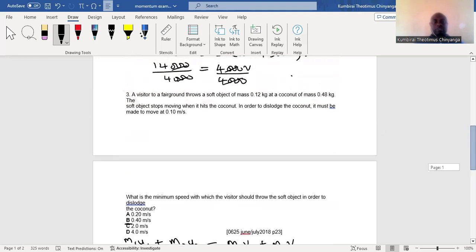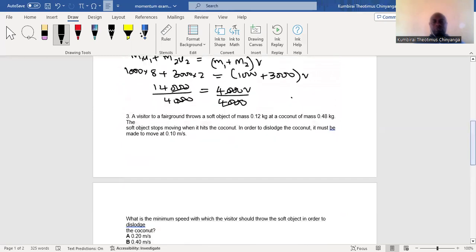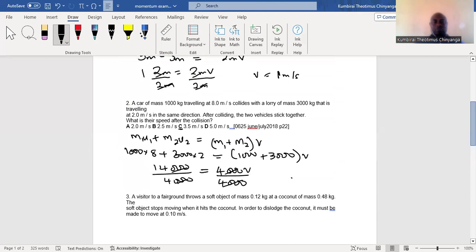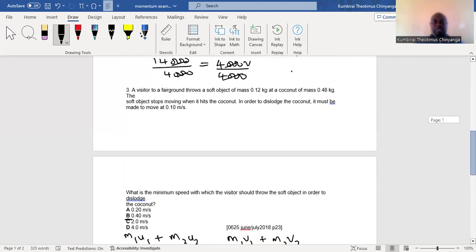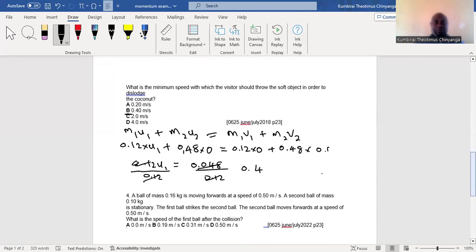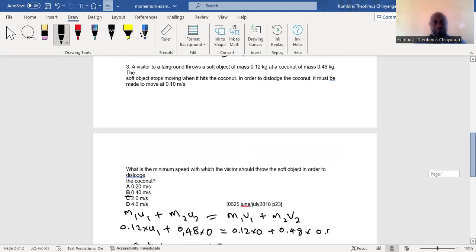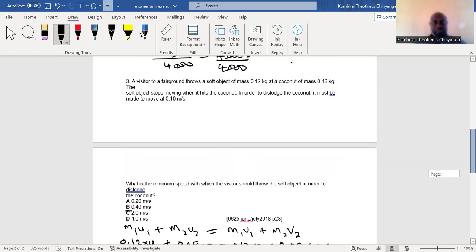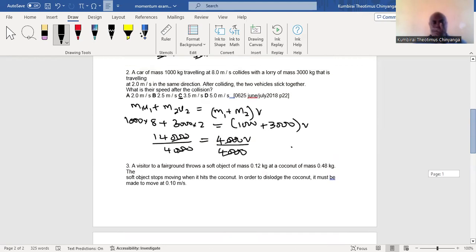In this case, there was no real need to show the directions as I have done in question 1. The assumption is that they move in the same direction in question 3. In question 2 also, it has been stated that they are moving in the same direction here.